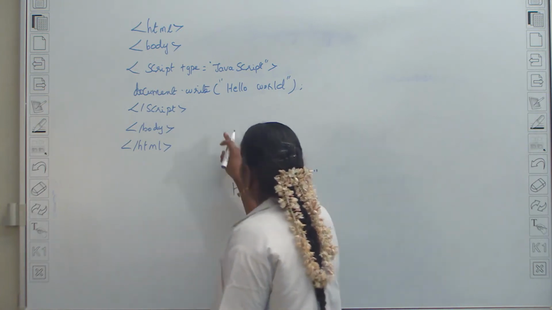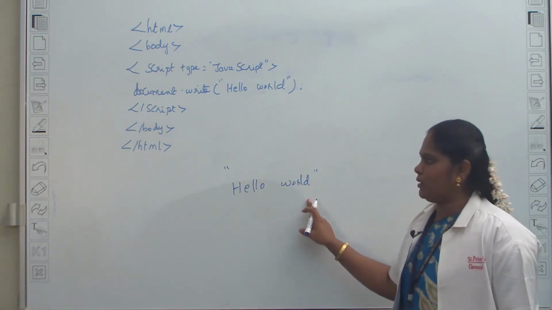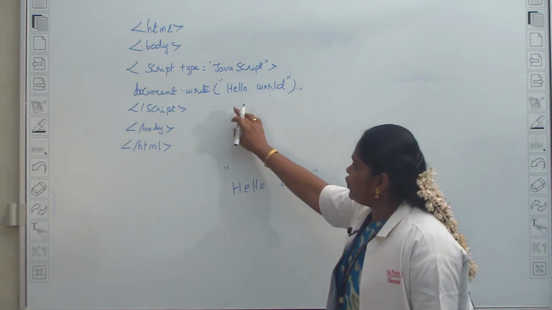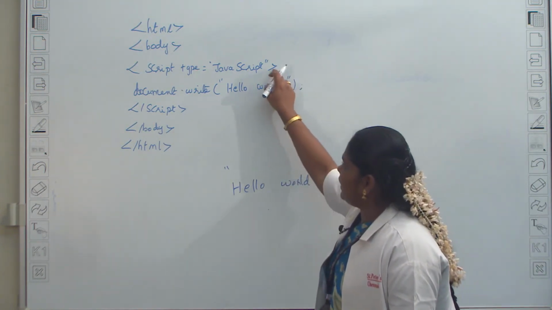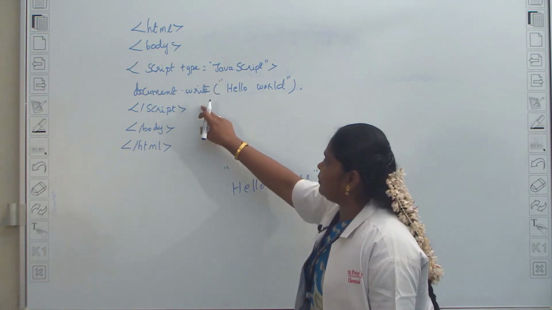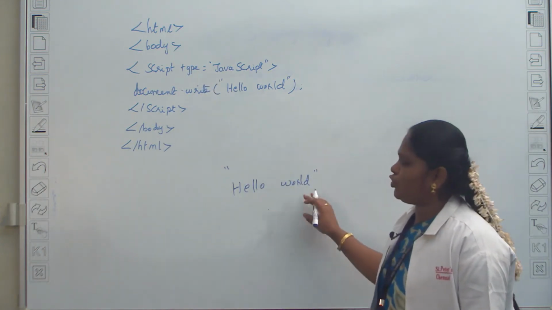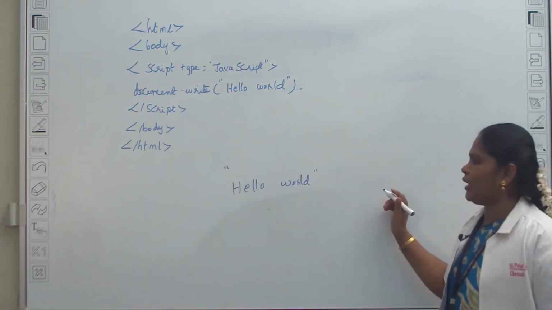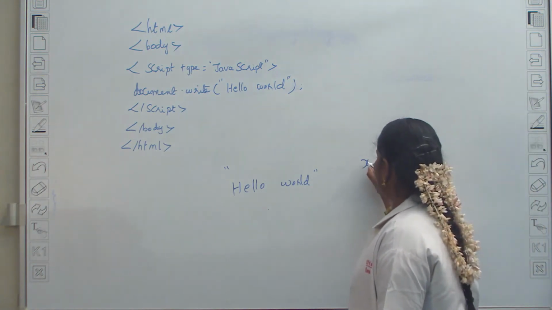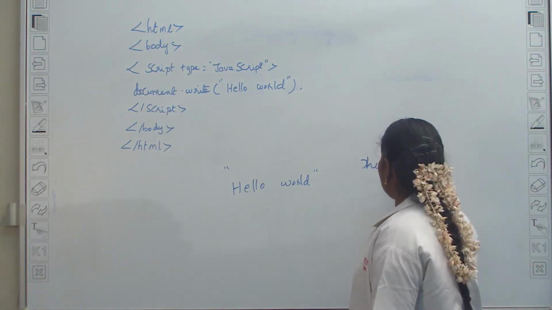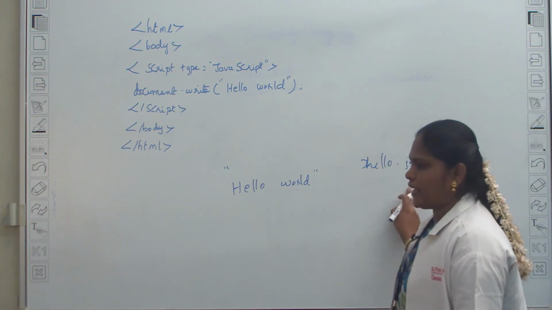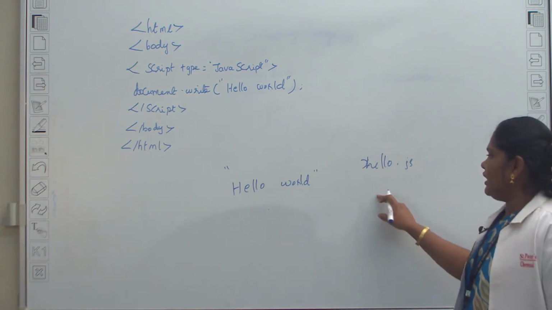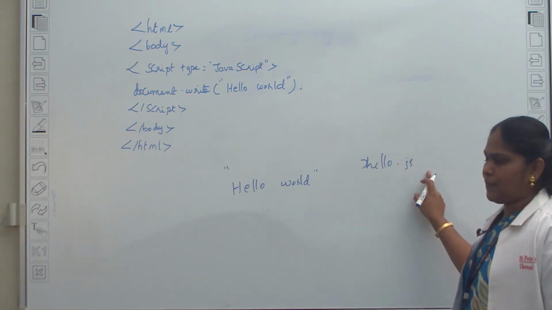So this is embedded into the HTML code, and this is the code written in between the script tag itself. Suppose we want to write it in a separate file, we have to save it, for example, as hello.js. This is an example of saving the JavaScript code in a separate file.